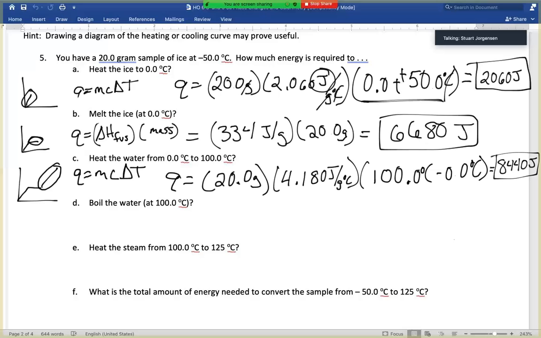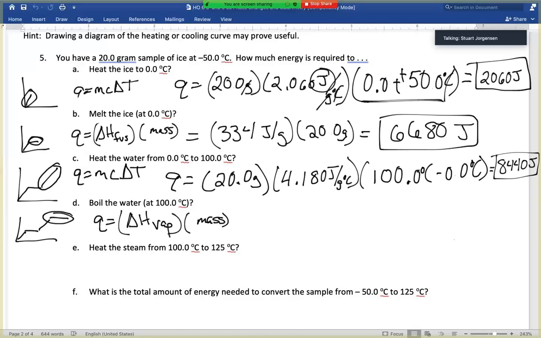Cool. Now we need to boil our water. So we've heated up our ice, we've melted, we've heated up our water, and now we're going to boil. We're flatlined again, so now we're trying to solve for our Q. It's going to be delta H of vaporization times our mass.